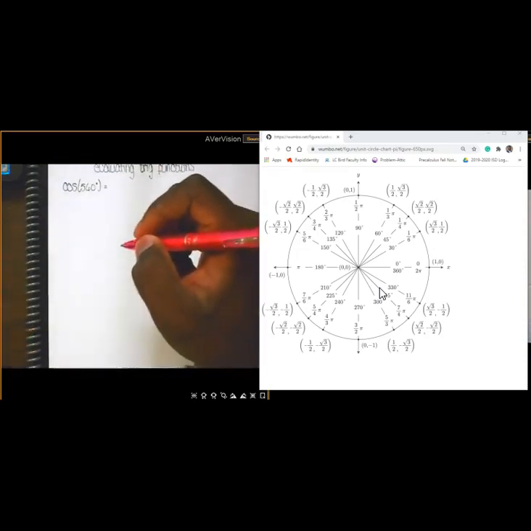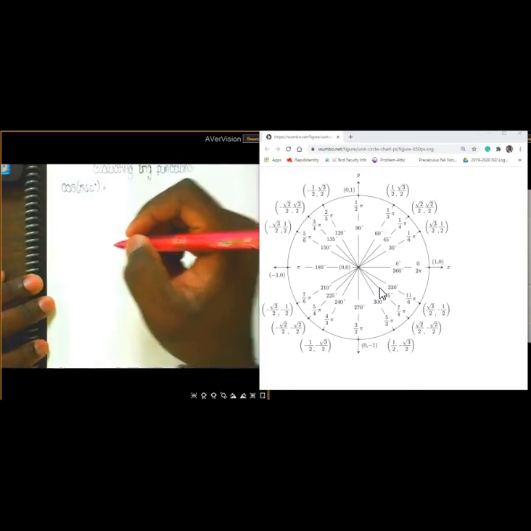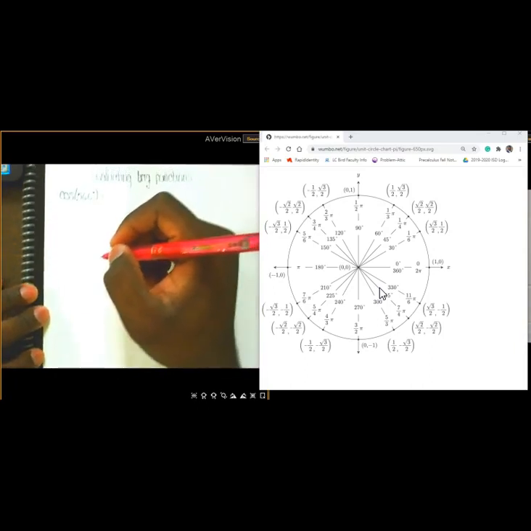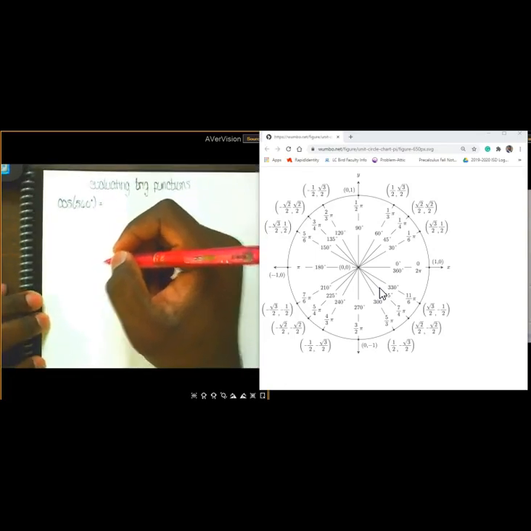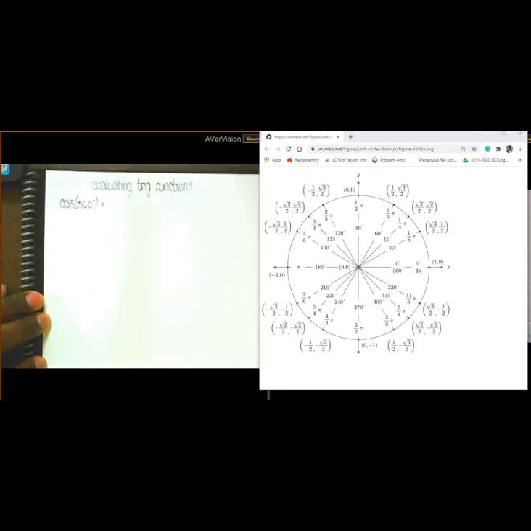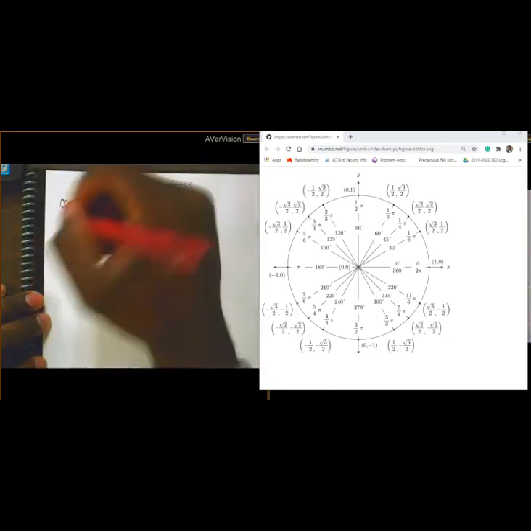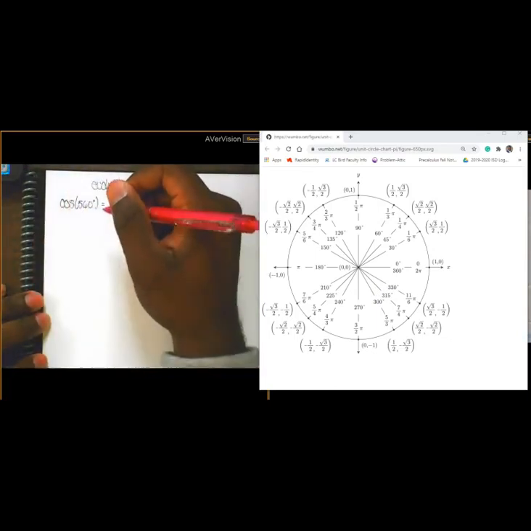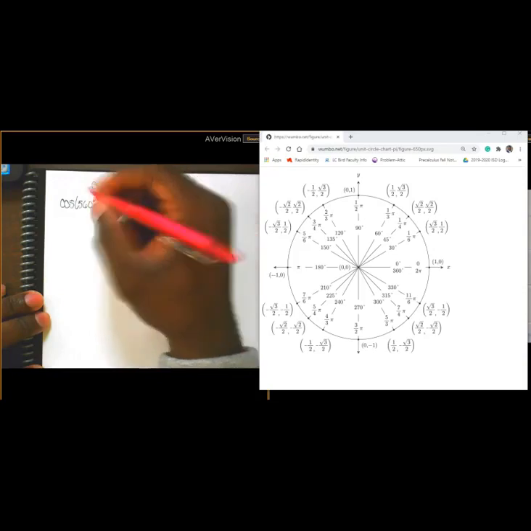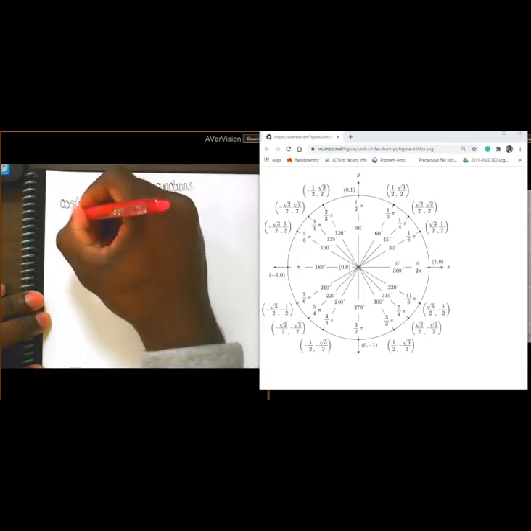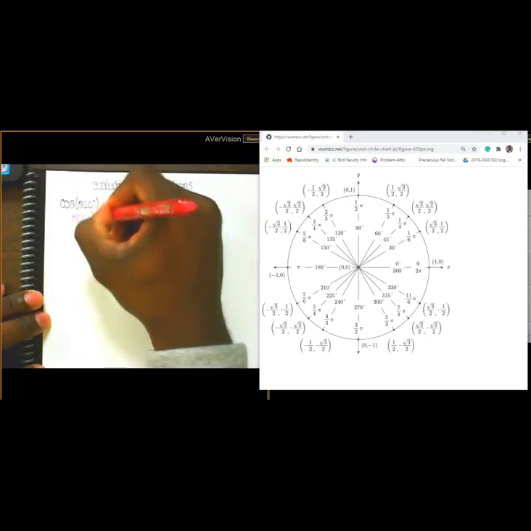What can we simplify cosine of 560 degrees to? Yeah, that's exactly what you do. So we take 560 and we subtract 360, and we get what?